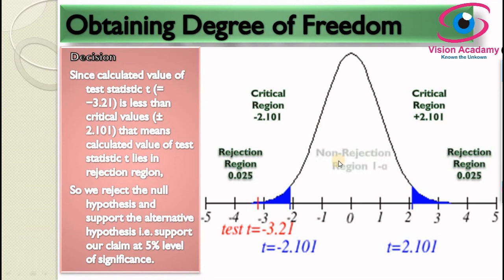Our non-rejection region is the unshaded area, and we want to know where our test statistic is and where our critical value is. So minus 2.101 is a critical value.